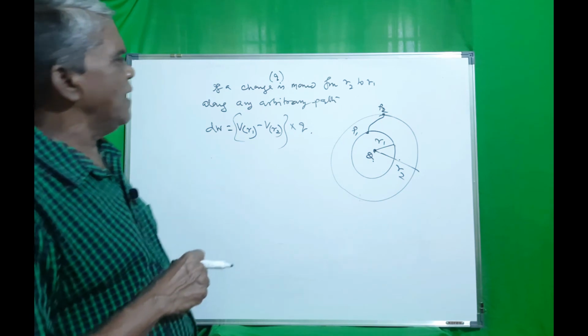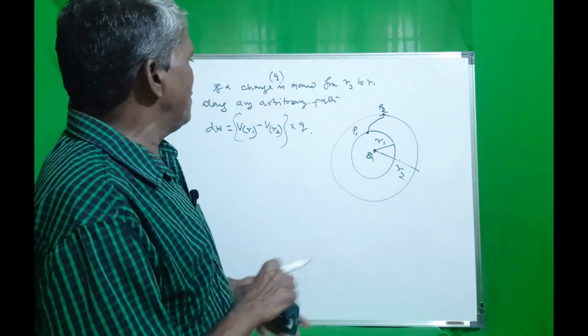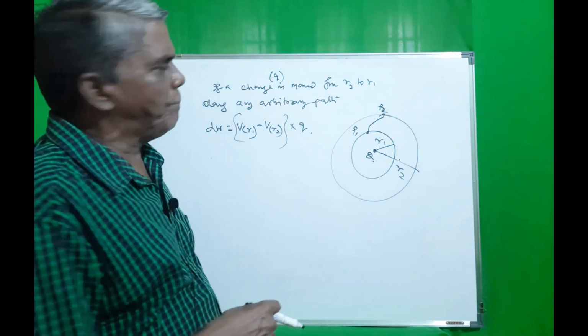Since electric field is a conservative field, in a conservative field the amount of work done does not depend upon the path.